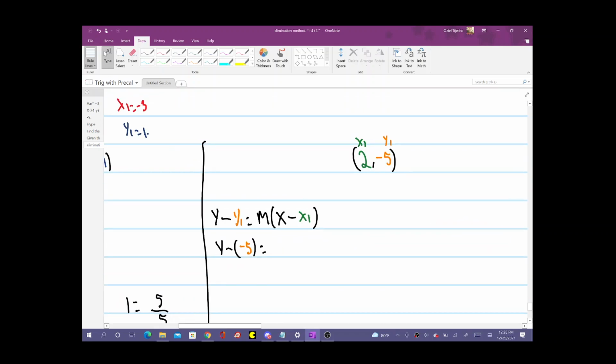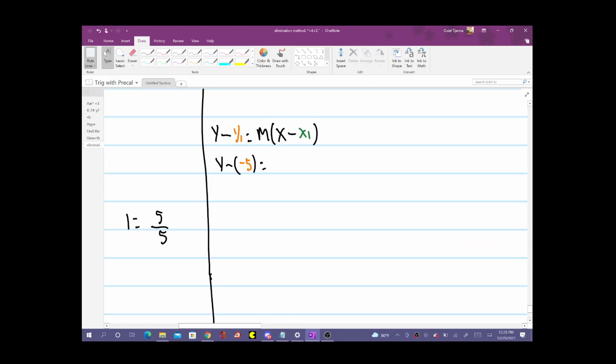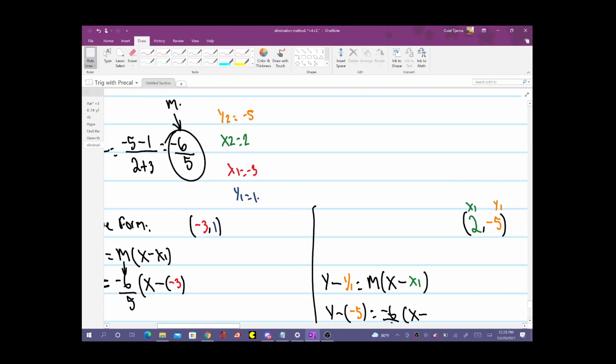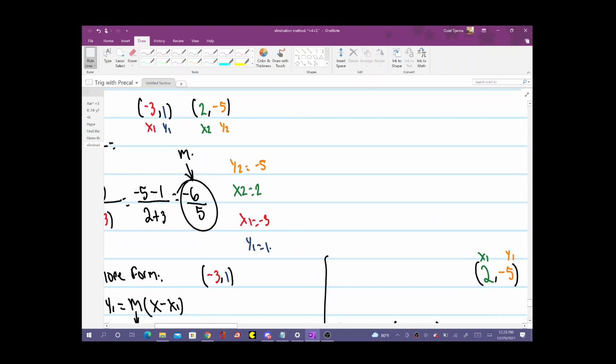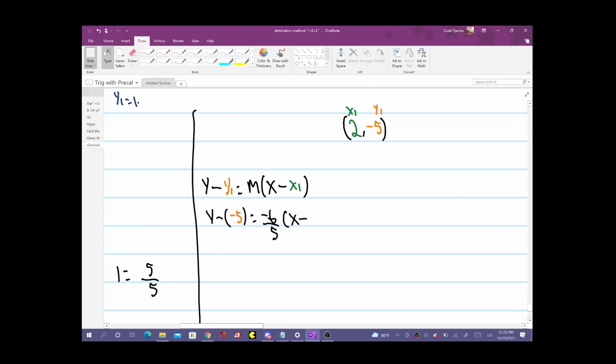So basically, what you're going to do is put negative 6/5 times x minus, and I have x1, so x1 is 2.